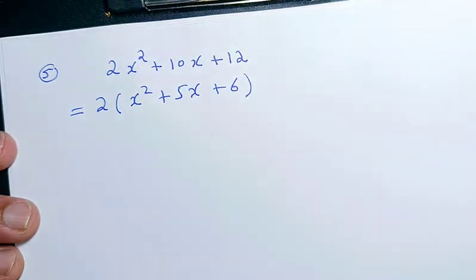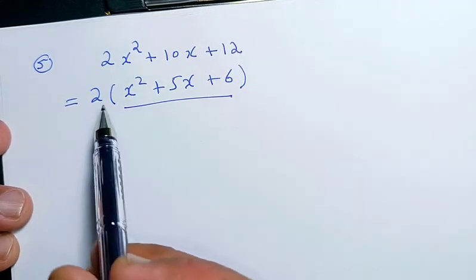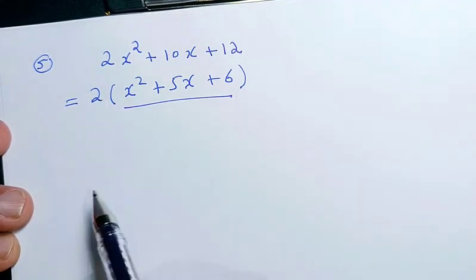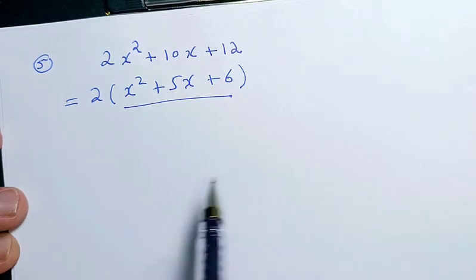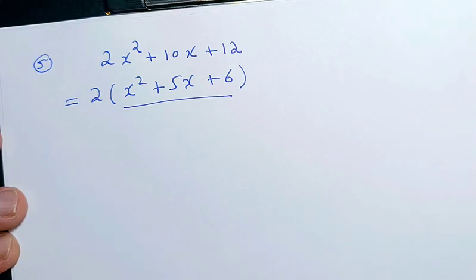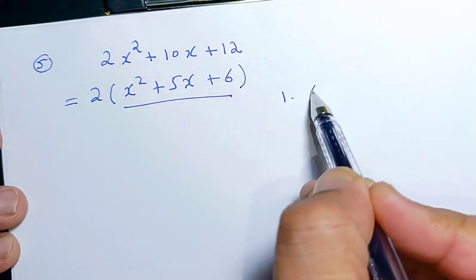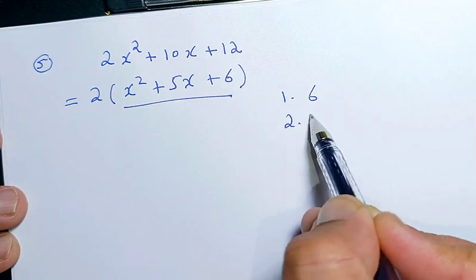I'm going to factorize this trinomial now. Obviously the common factor is going to tag along. If both signs are positive, then in the brackets both signs will be positive. So we need to find the factors of 6. 1 times 6, 2 times 3 is 6.